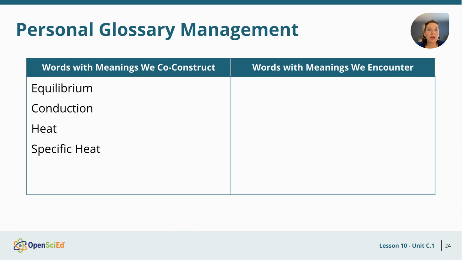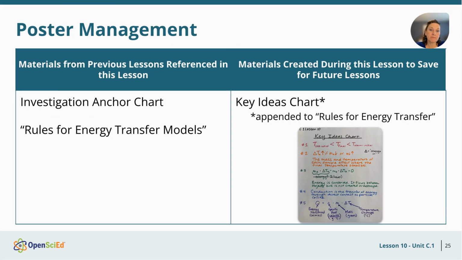At the end of part 18, after the building ideas discussion, you'll help your students to co-construct the definitions for equilibrium, conduction, heat, and specific heat. For poster management, you'll want to have a couple of anchor charts to help you from the previous units.